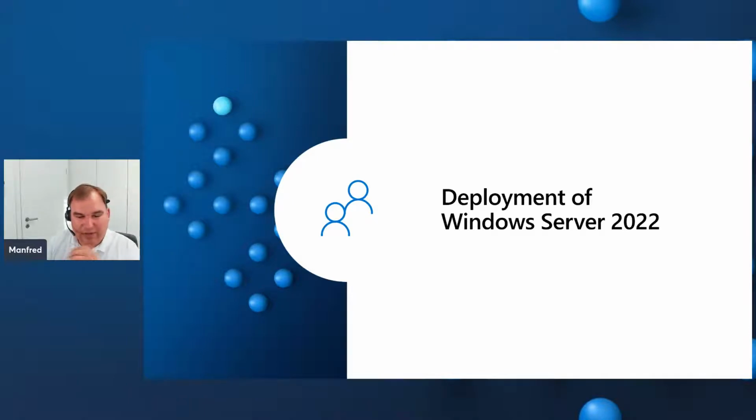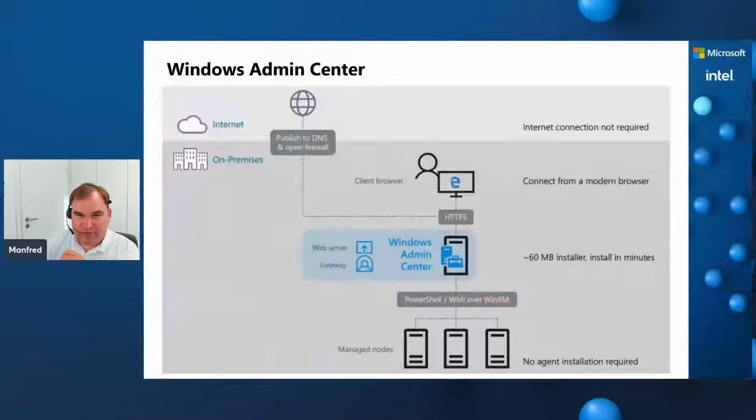Okay, so the target is not to use this direct graphical user interface or server core interface we have seen here. The idea is for the future of management of Windows Server to use the Windows Admin Center. Windows Admin Center is a small web-based tool we install on premises. We have seen this recommendation to use Windows Admin Center on one of our servers.